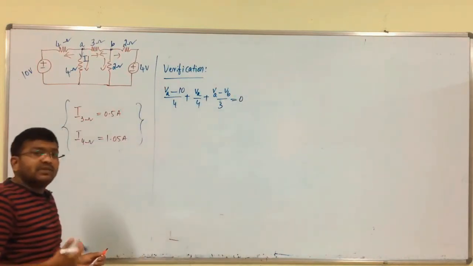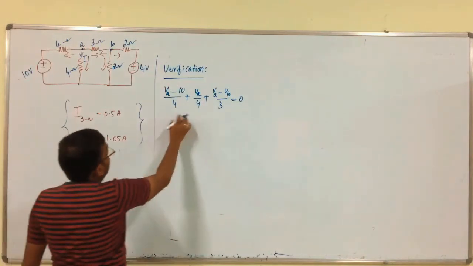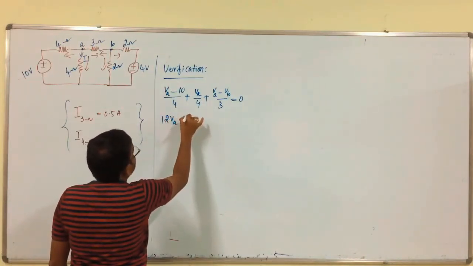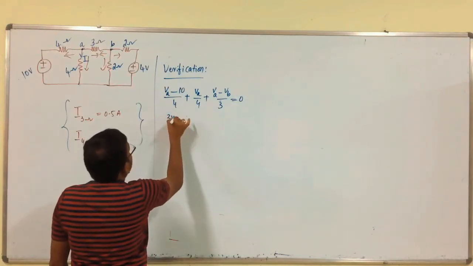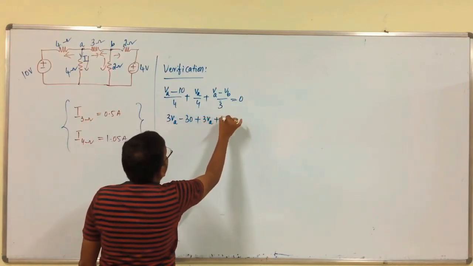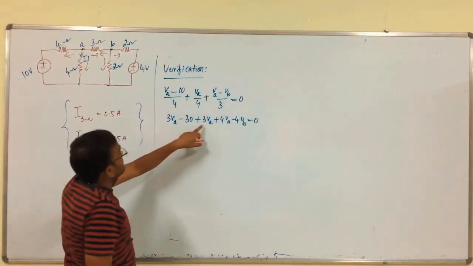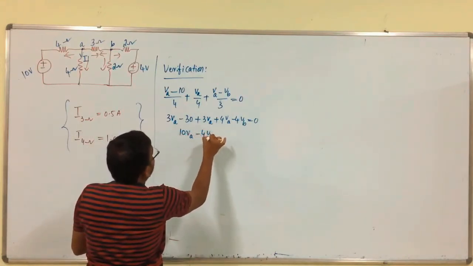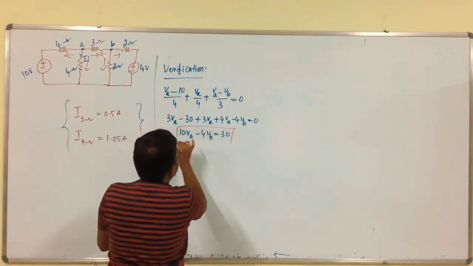Simple nodal analysis we have to apply to verify those two answers. From this, 12 VA minus 3 VA minus 30 plus 3 VA plus 4 VA minus 4 VB equals 0. 3 plus 3, 6 plus 4, 10 VA minus 4 VB is equal to 30. So, this is one equation.